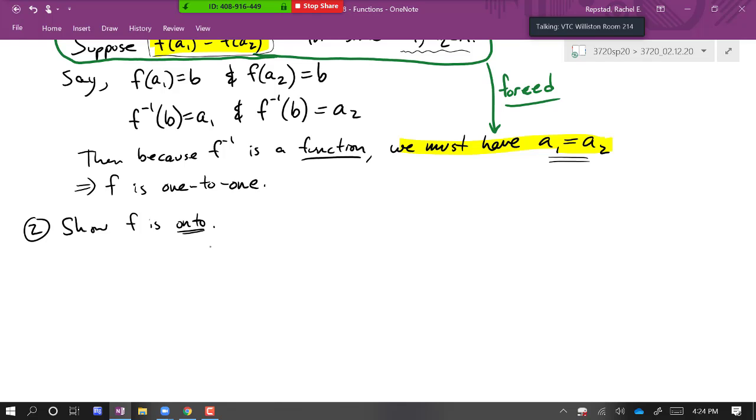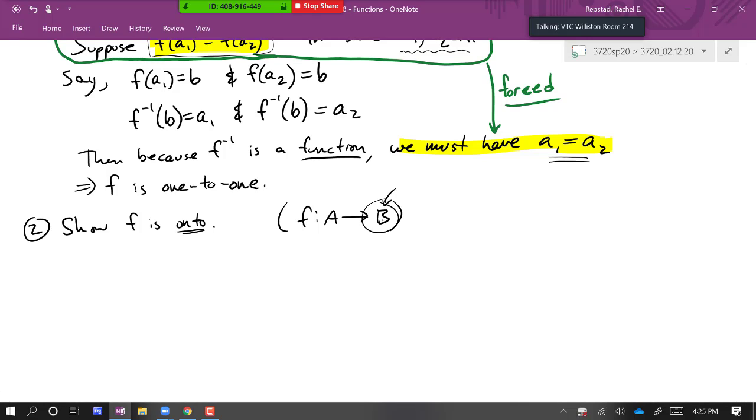Everything gets hit. It doesn't just map into a set, it maps onto it. It covers everything. So F maps from A to B, and this is just a reminder that our F function is the one that maps from A into B. And I want to show that everything in the codomain, everything in B gets hit, that the function covers that whole set.